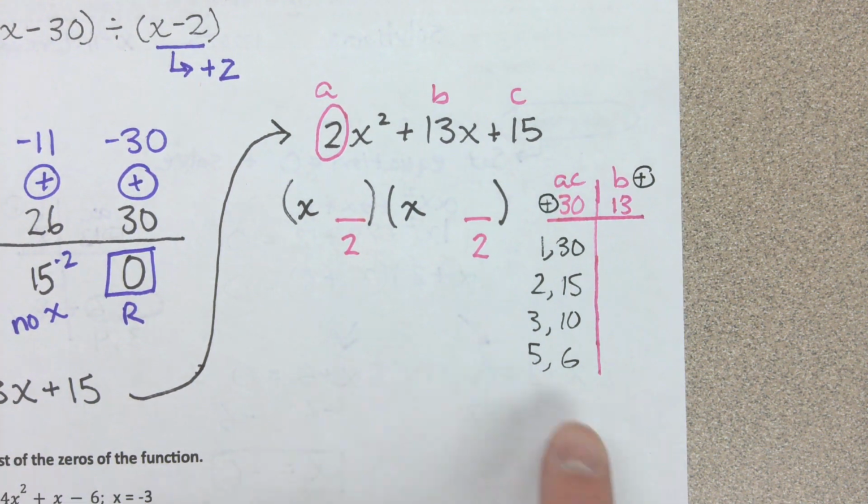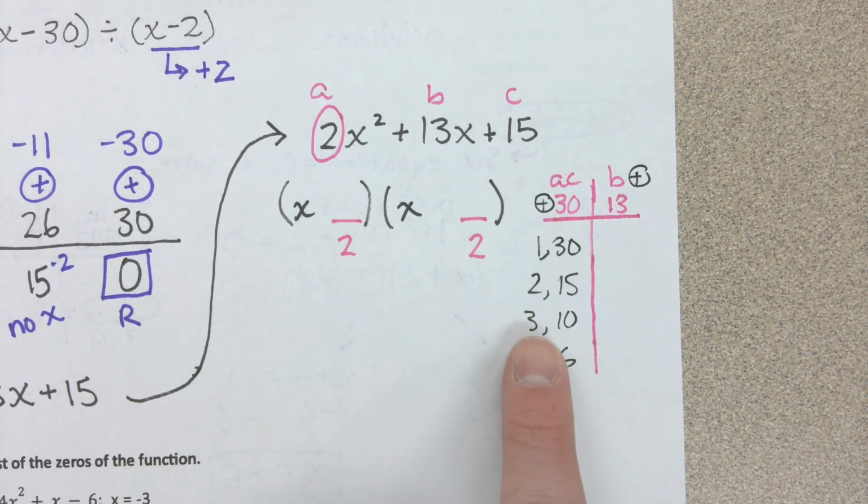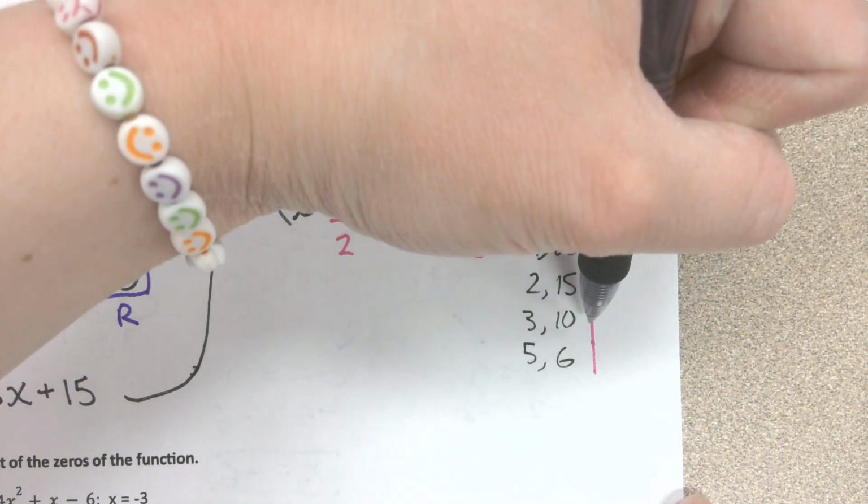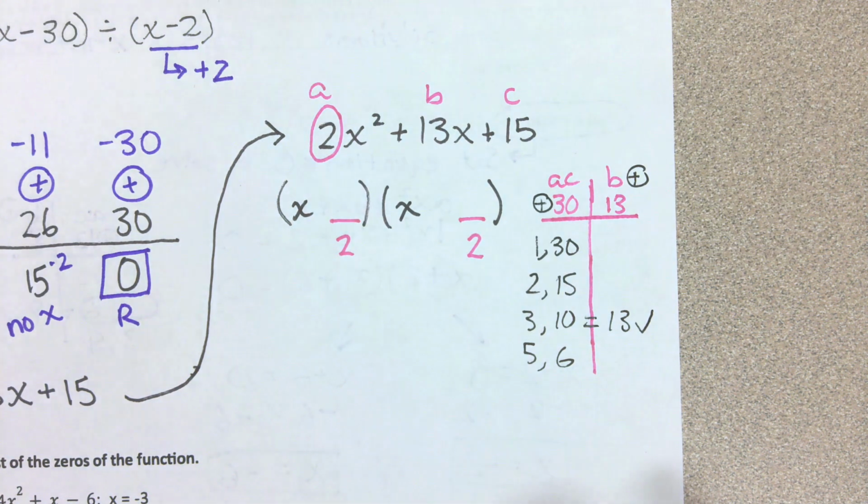And we want the 2 that when added will give us 13. Clearly that's going to be 3 and 10. 3 plus 10 does equal 13, so these are my two factors.